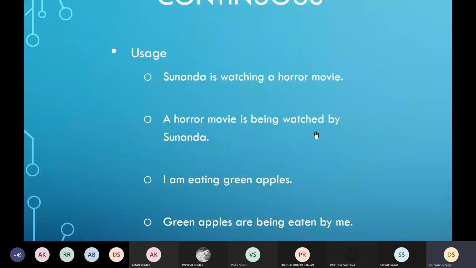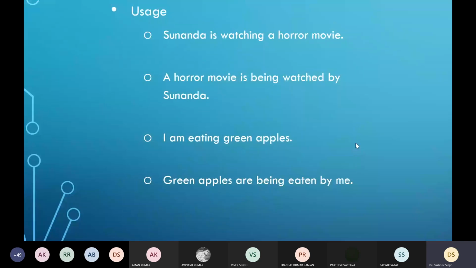After that we replace the ing form with the third form, we add by, and then place the previous subject in the place of the object. A horror movie is being watched by Sunanda. So this one is the passive voice of the active voice of present continuous tense. Let us see another example.